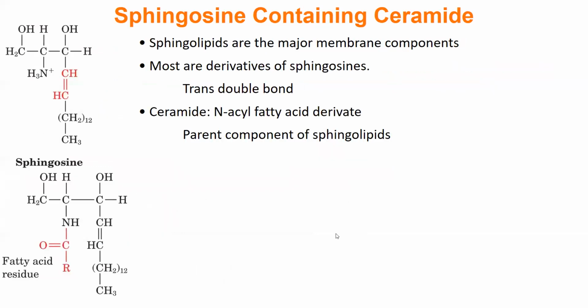So let's look at some other classes of lipids that we could find in our plasma membrane. So glycerophospholipids are a big class. Another class is the sphingolipids. And what a sphingolipid is, it's a lipid that has the head group of a sphingosine, right?